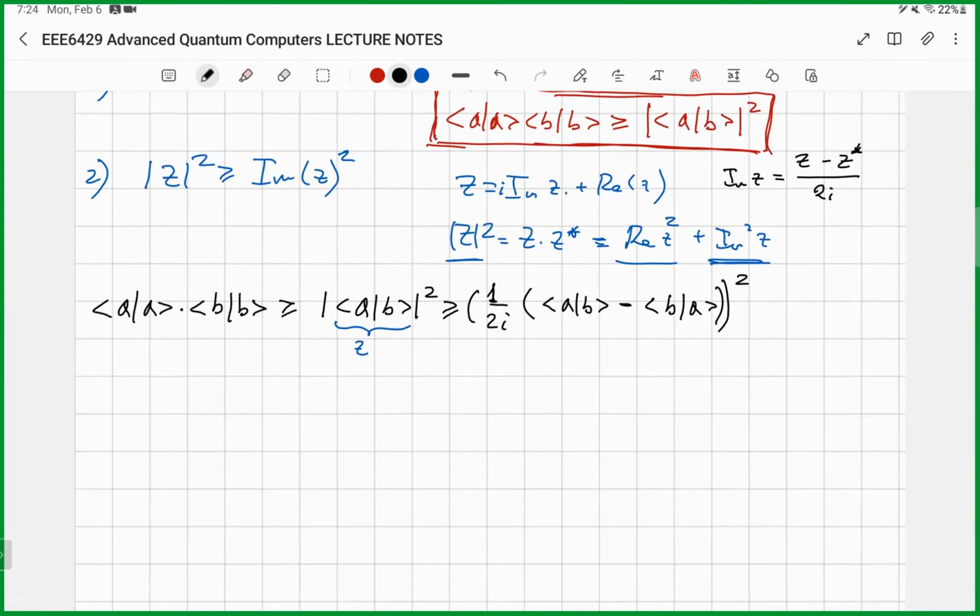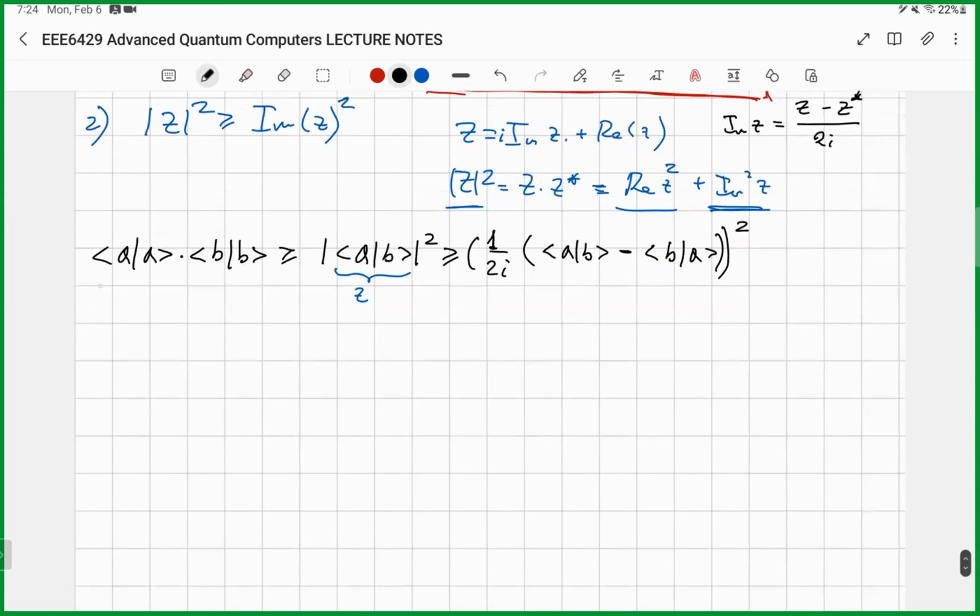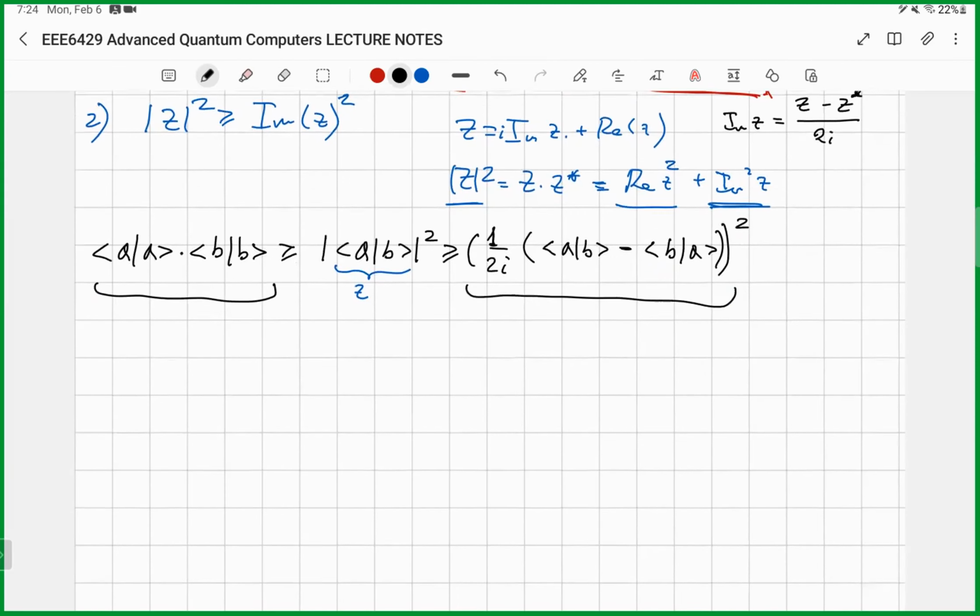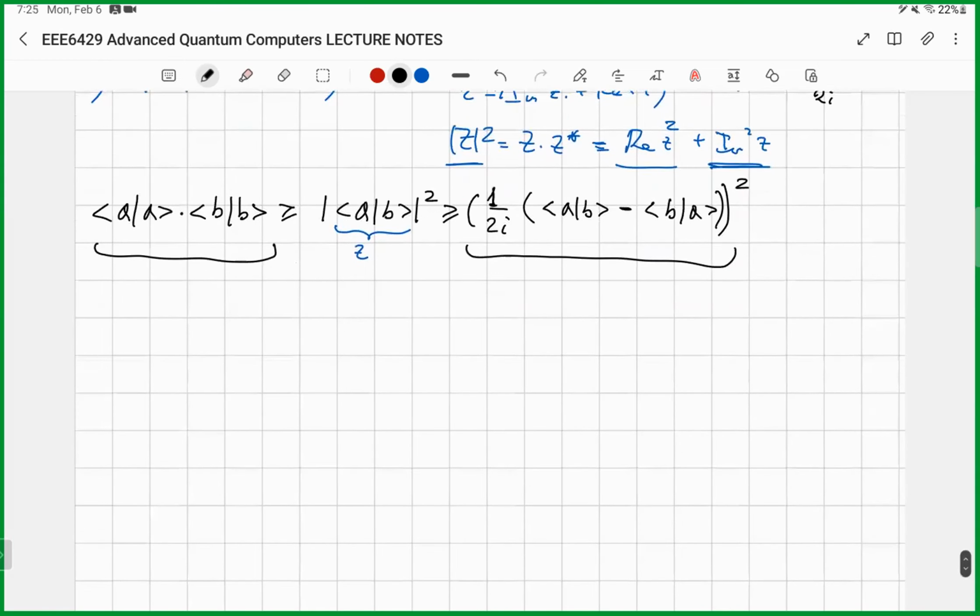That means that this part is also larger than or equal to this part here.